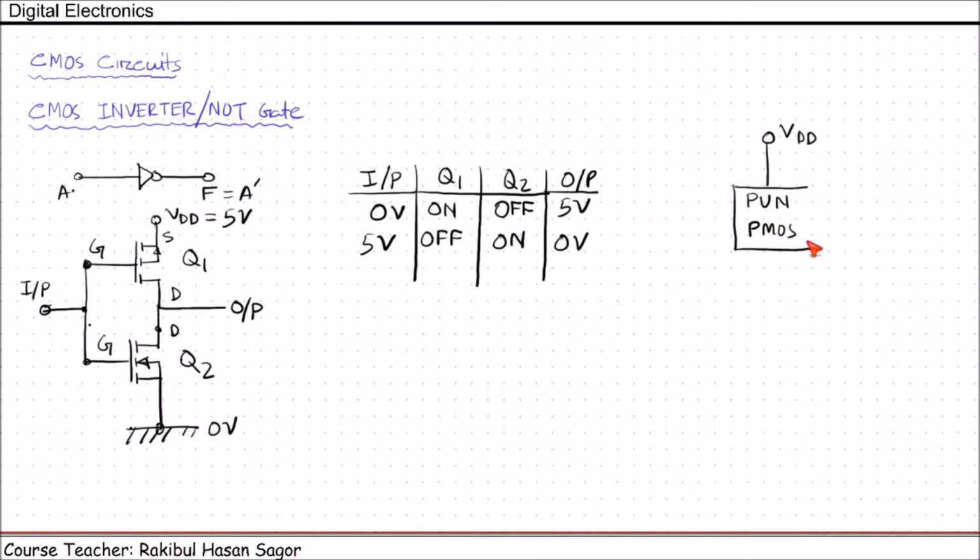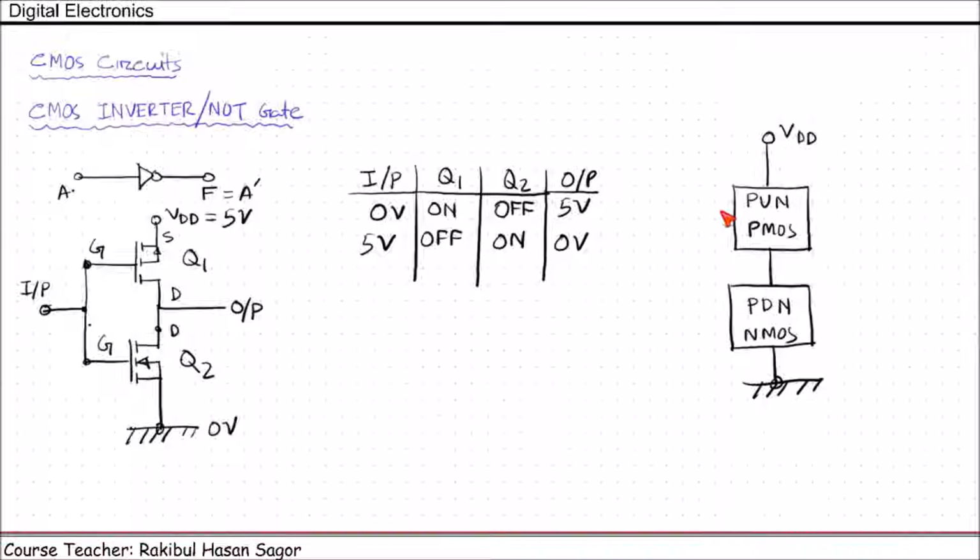So this is the pull up network. Then we'll be using the PDN, that means pull down network, and this pull down network is generally made of NMOS. So this is the PDN, and this PDN will be connected with the ground. Now this PUN, that means pull up network, will have inputs.